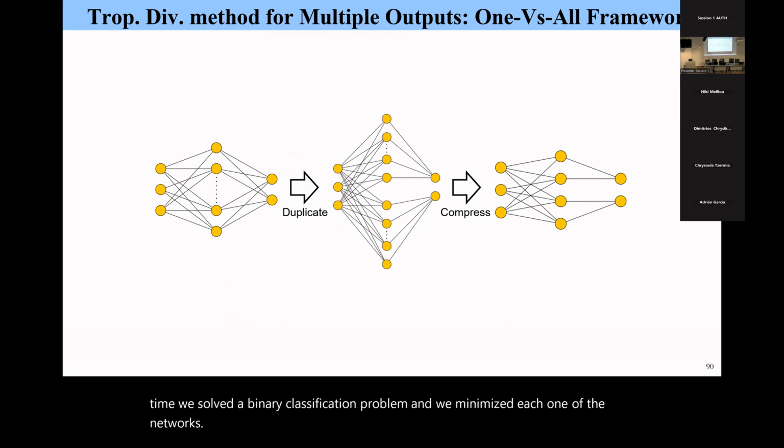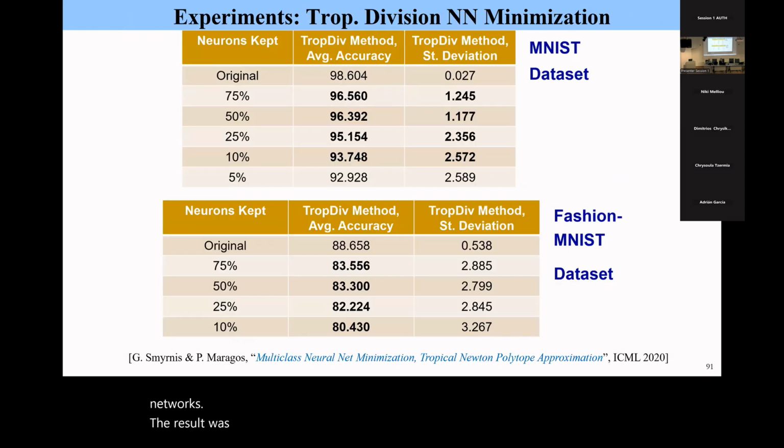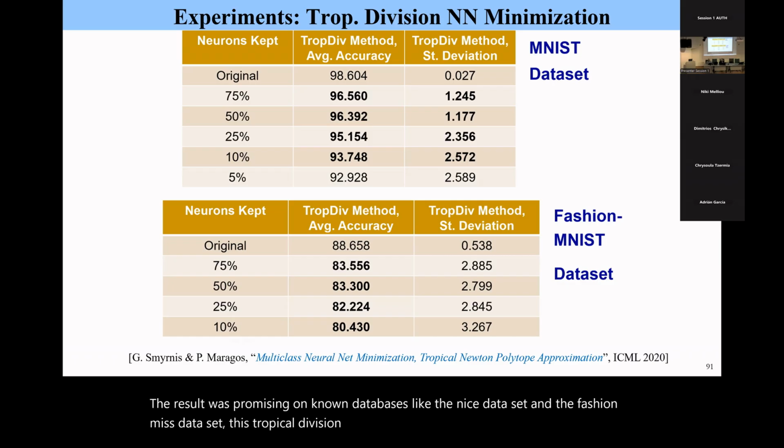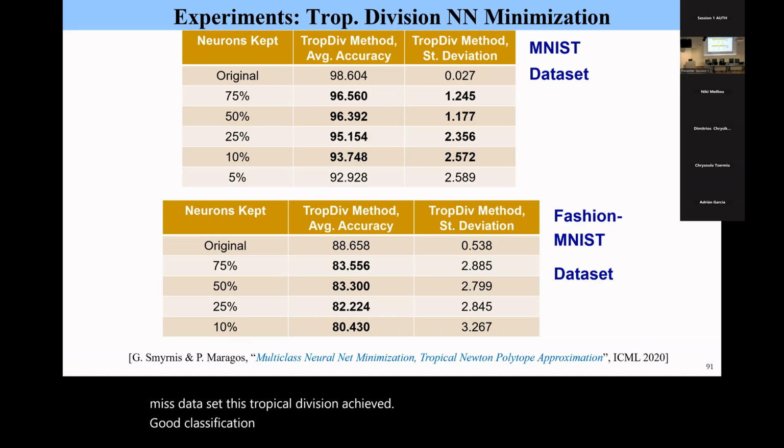The result was promising on known datasets like the MNIST dataset and the Fashion MNIST dataset. This tropical division achieved good classification accuracies even at a significantly large percent of compression, down to 5% or 10% of the original size.